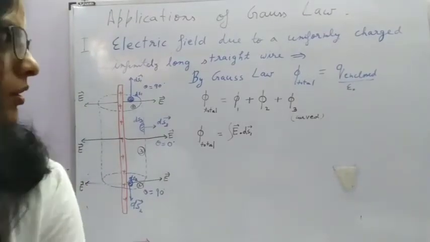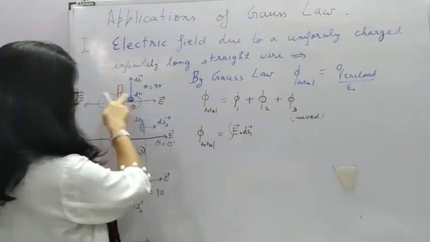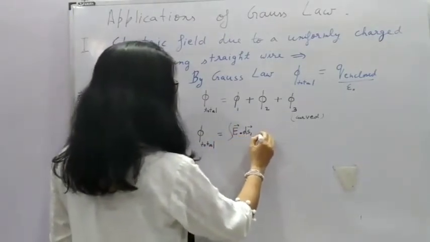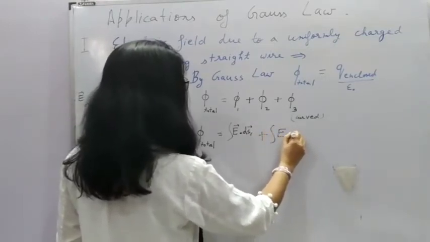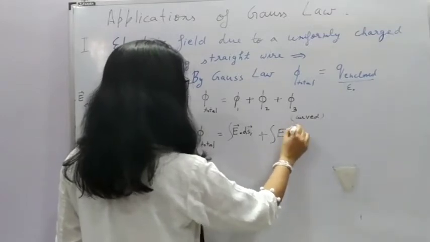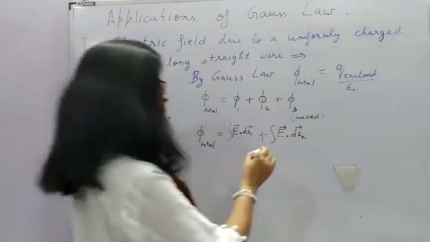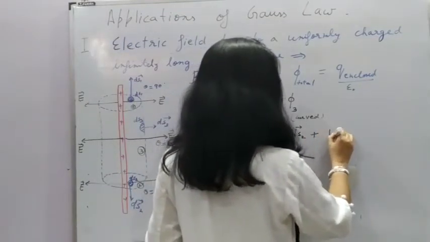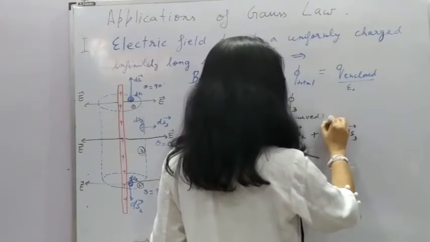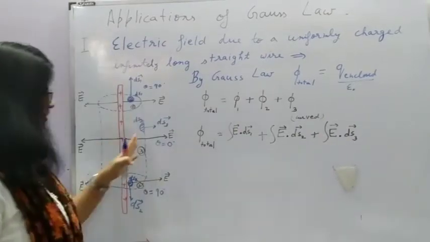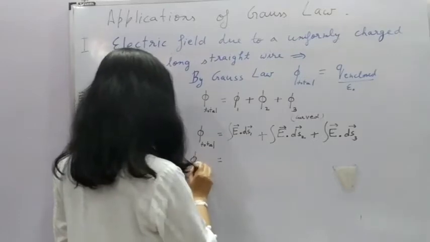Now let's use the formula here. If we integrate E dot ds1, we get the total flux due to the first face. If we integrate E dot ds2, we get the total flux due to the base. And if we integrate E dot ds3, we get the total flux due to the curved surface. Now let's put in the angles and solve it.